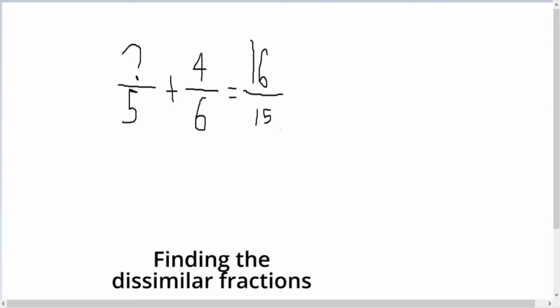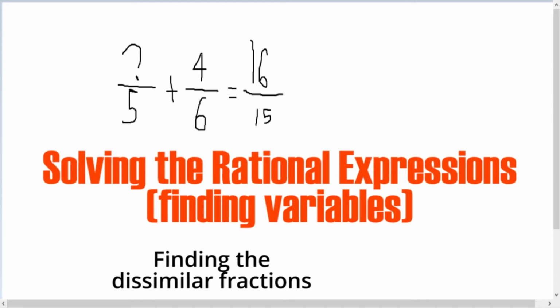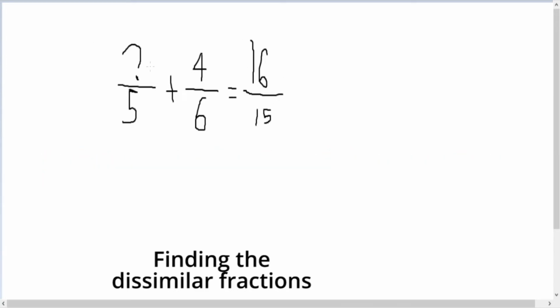Now, the main component we need to solve these missing fractions is the rational expressions. Now, what does this mean? Now, let me show you this. Now, this first example is this one, and I will solve this missing number, question mark. Okay, so now you need to rewrite the variable just like this.